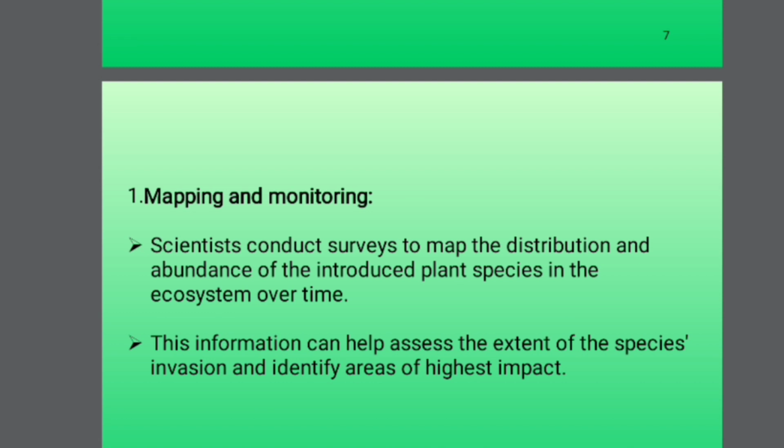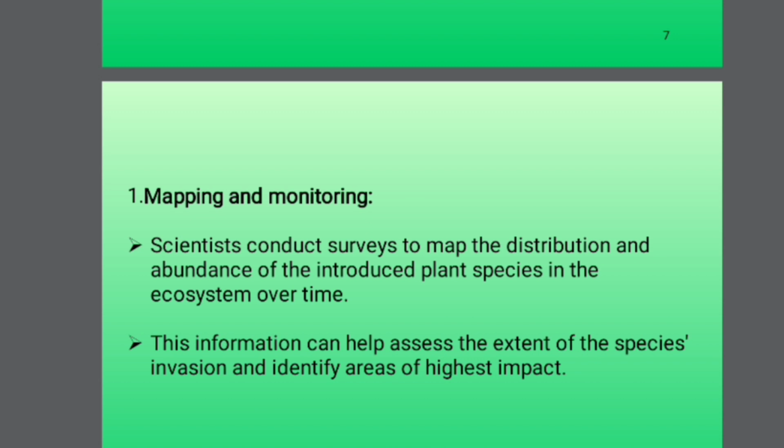The first method is mapping and monitoring. The scientists, botanists, ecologists, and taxonomists conduct surveys to map the distribution and abundance of the introduced plant species in an ecosystem. The first method applied to study the introduced medicinal plant species is mapping the distribution, that is, how the invasiveness of the species is distributed in an ecosystem.